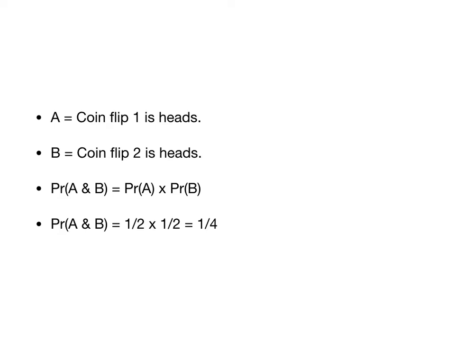Probability of A and B. Well, as I drummed into your heads last lecture, coin flips are independent. So we can use this multiplication rule: 1/2 times 1/2 equals 1/4. It works fine here because these are independent.